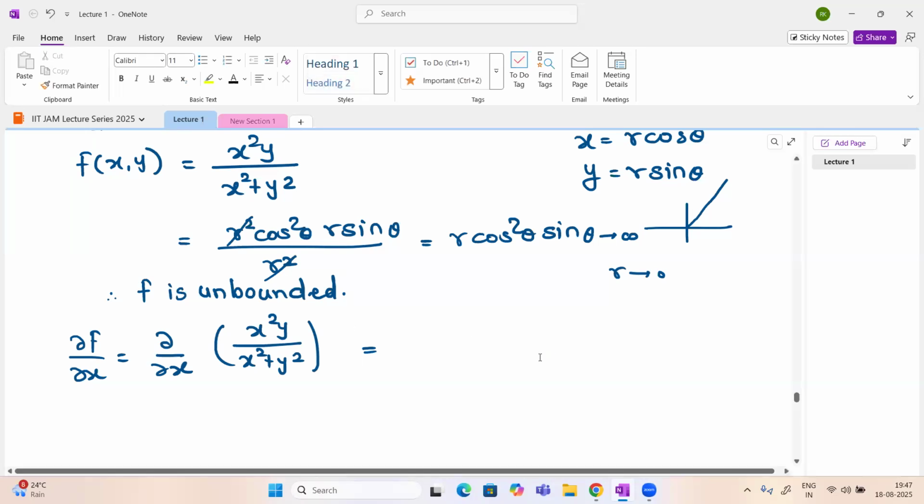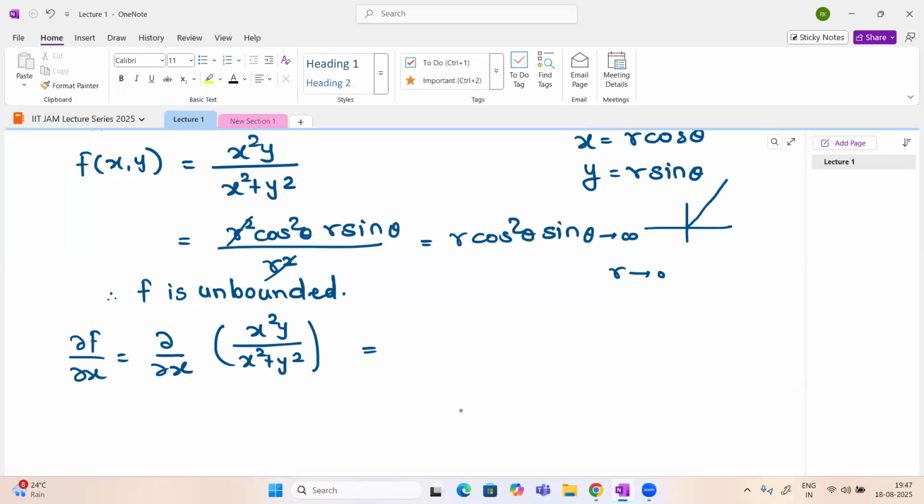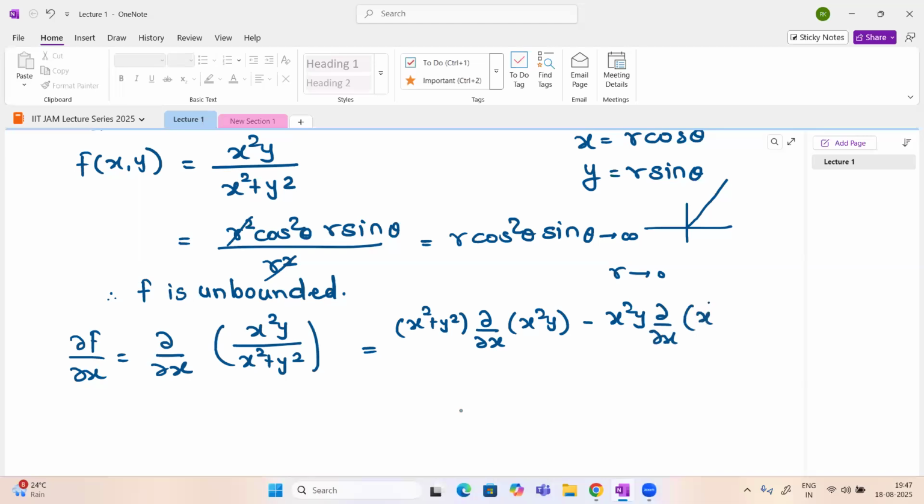U upon V formula: derivative of numerator into denominator, minus numerator into derivative of denominator, divided by square of denominator, x square plus y square whole square.